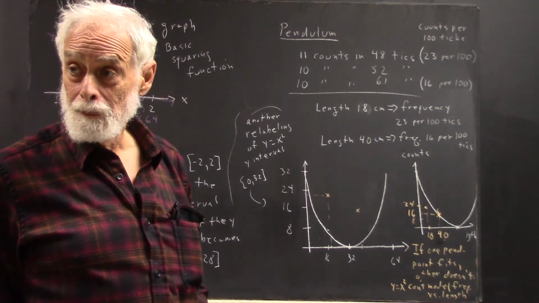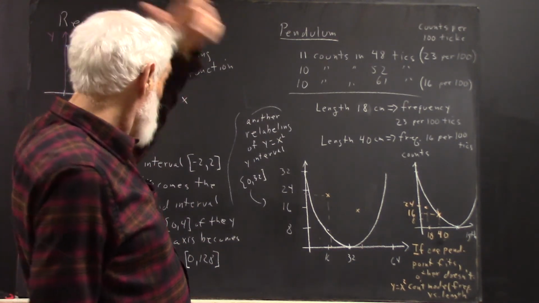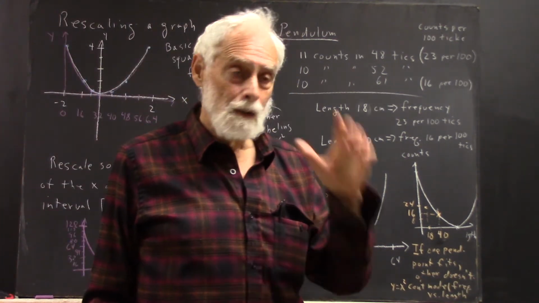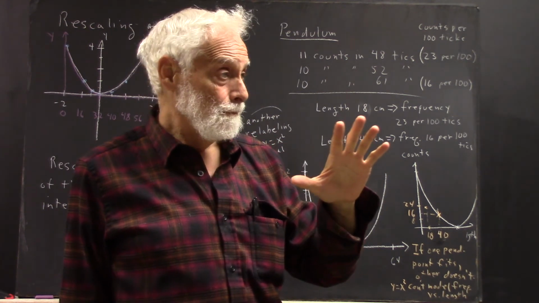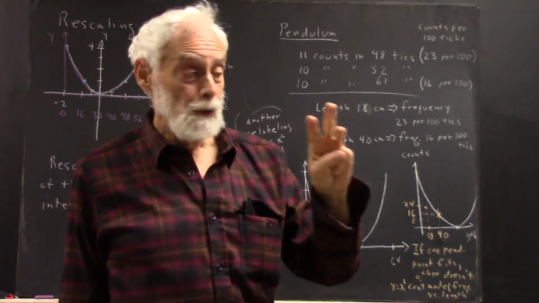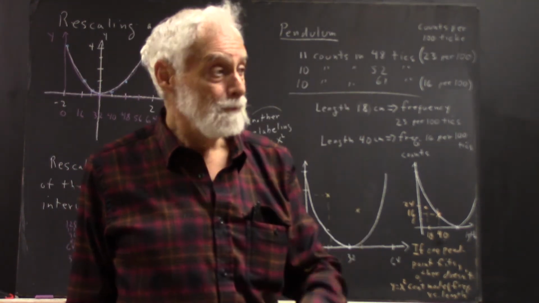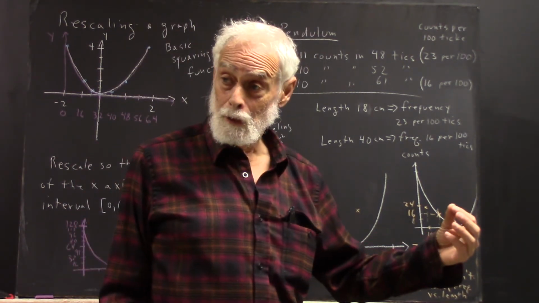There's some fairly simple rules that you can use to stretch and shift graphs, okay? And there's a way to relate that to the algebra and the formula for the function. Okay, that's a big deal. I'm not going to do that just now, but when you see it, I want you to understand it in this context. Okay? The other thing is, well, squaring function isn't the only function in the world. There are 5 basic functions. And I'm going to talk briefly about 3 of them. You want to be able to graph those functions using the -2, -1, -1/2, 0, 1/2, 1, 2 for the x values.